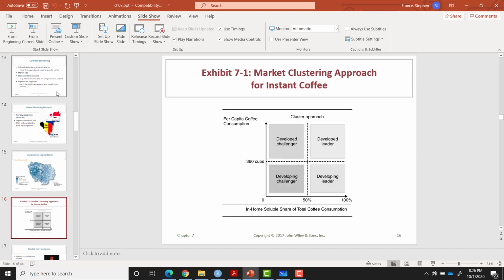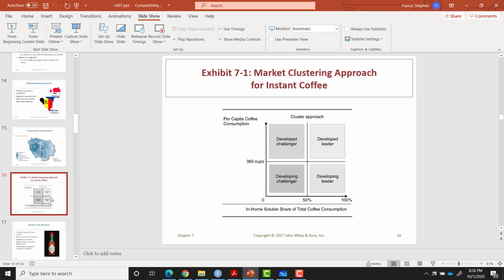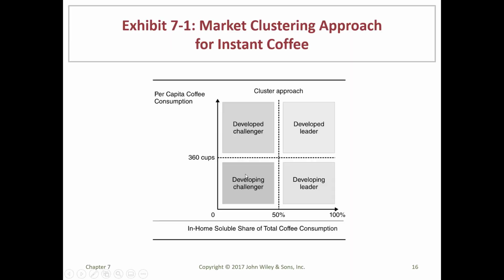So let's move on a little bit, and we'll think about the market and market entry. Here's an example, similar to my college example, but this is actually based on countries. We're segmenting countries here, based on their per capita consumption of coffee and how much in-home soluble coffee accounts for total coffee consumption.